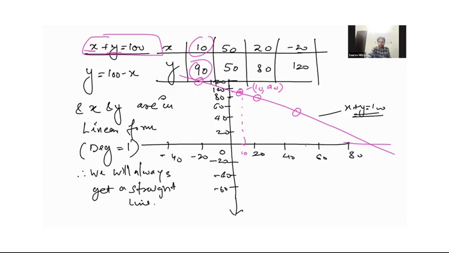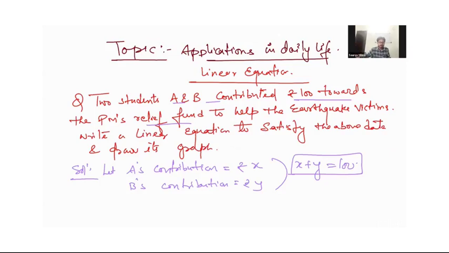Now first, what we did, we first framed the equation. The two students A and B contributed rupees 100 towards the PM relief fund to help the earthquake victims. From this information, we let A's contribution be X and B's contribution be Y. So the total contribution is X plus Y, and the total amount comes out to be X plus Y is equal to 100.